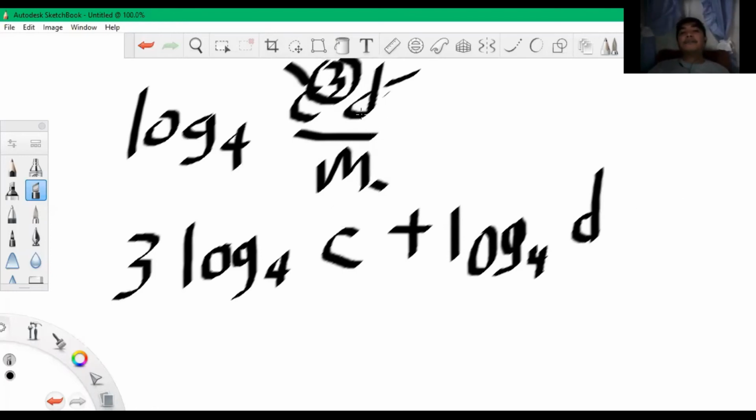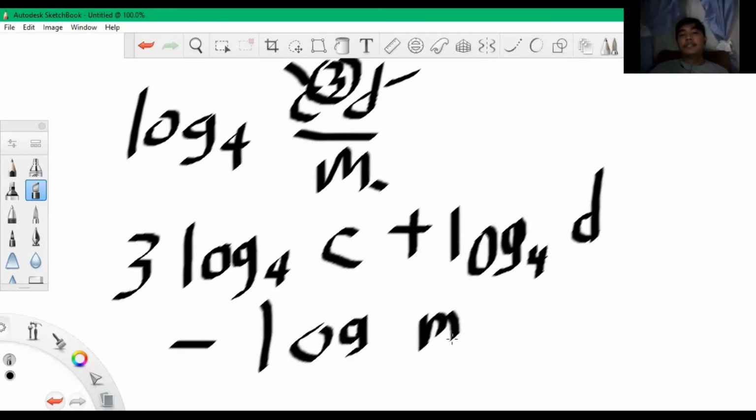So, after d, we will write the minus sign para i-indicate na yung nasa denominator ay minus natin dito sa sum ng dalawang logarithm. So, the sum of these two logarithms minus the logarithm of nandoon sa denominator. So, we will just write the logarithm minus the logarithm of m to the base 4.